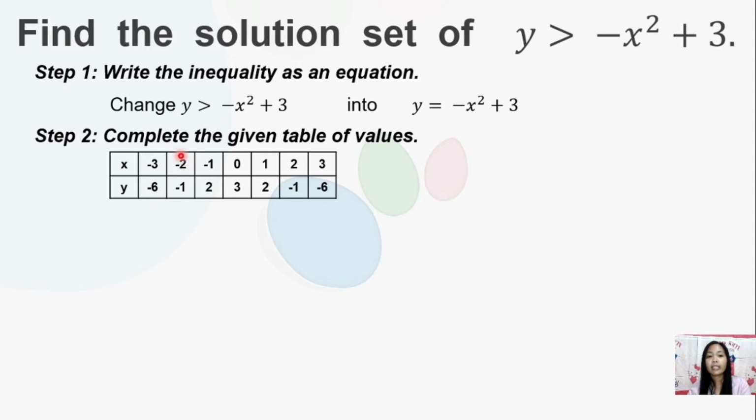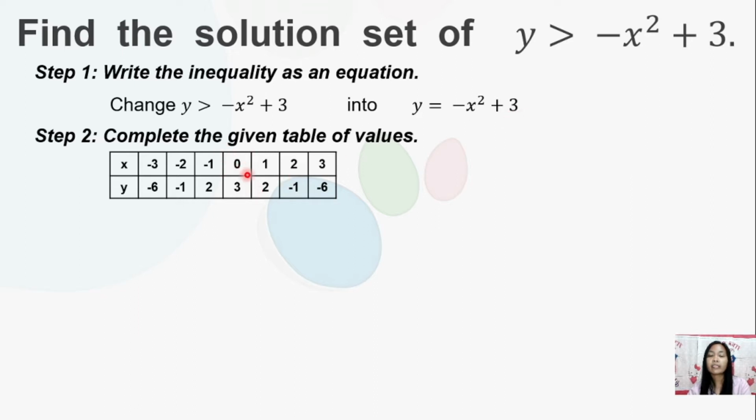If x is negative 2, we replace the x with negative 2. Therefore, y is equal to negative of negative 2 squared plus 3, giving us y equal to negative 1. If x is equal to negative 1, y is equal to negative of negative 1 squared plus 3, so y is equal to positive 2.